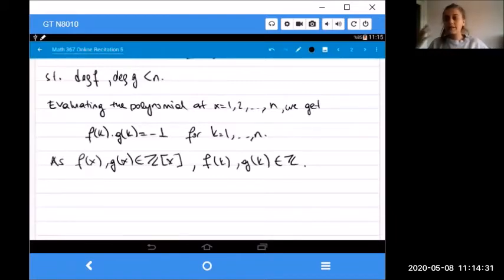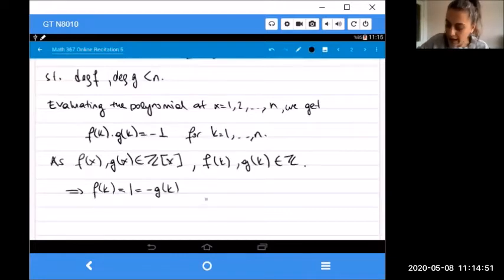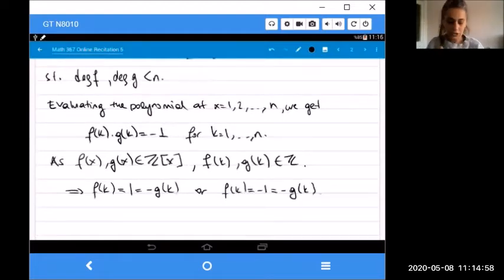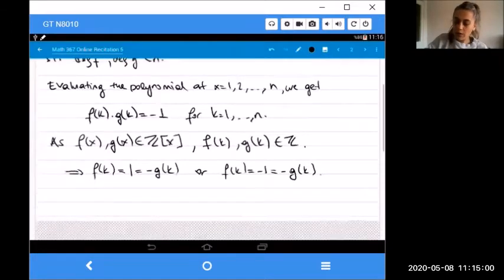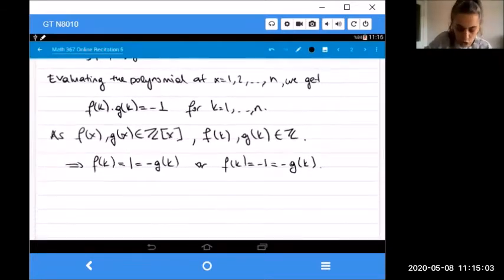So we have candidates for the values of f of k and g of k. Either f of k is equal to 1, which is equal to minus g of k, or f of k is equal to minus 1, which is equal to minus g of k.